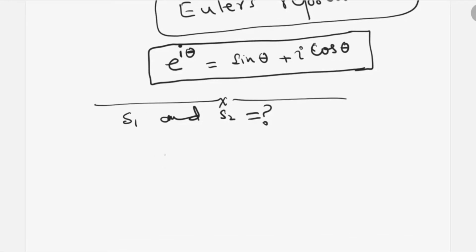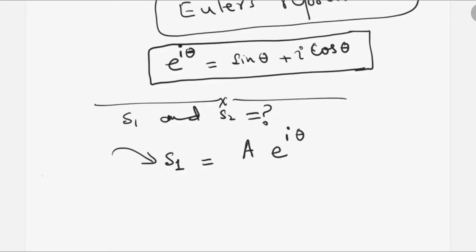Just look at this. We have s1 as a complex number, and I would say that I can present it as A e to the iota theta. What is this?